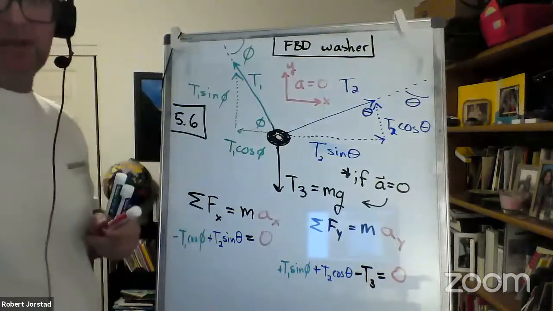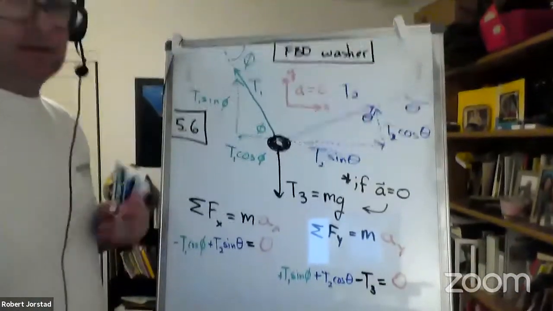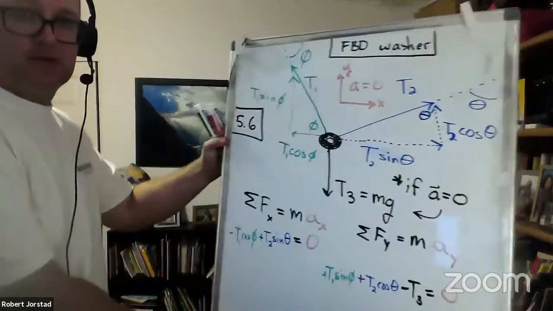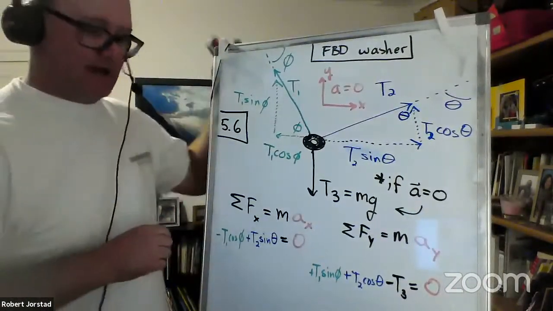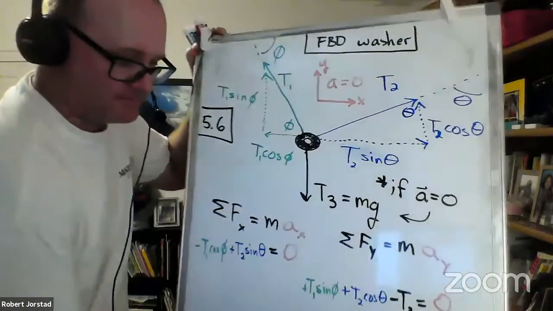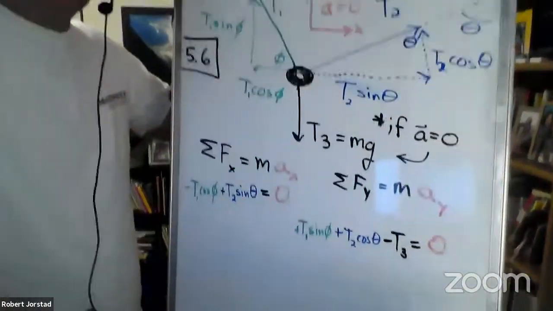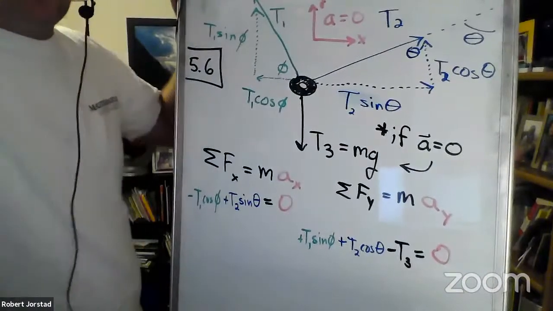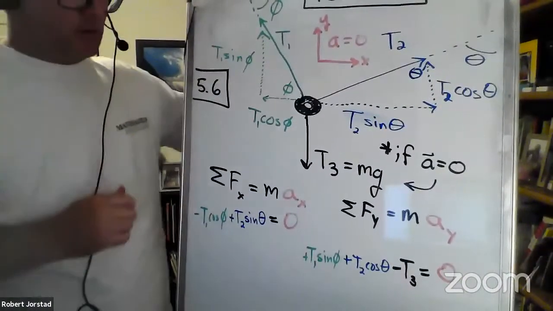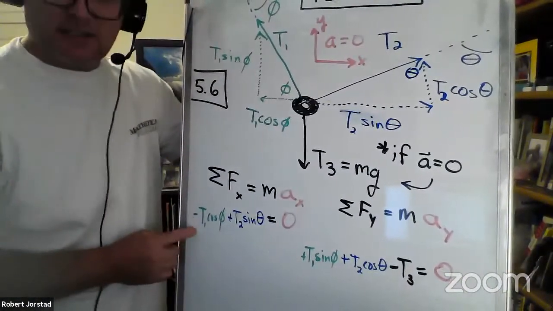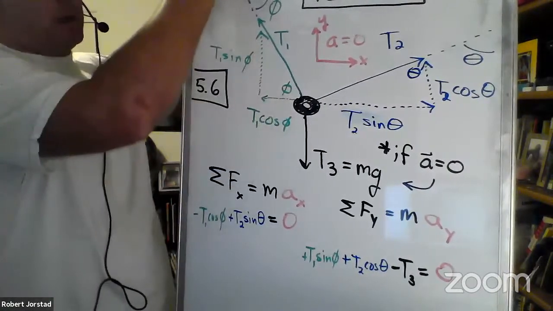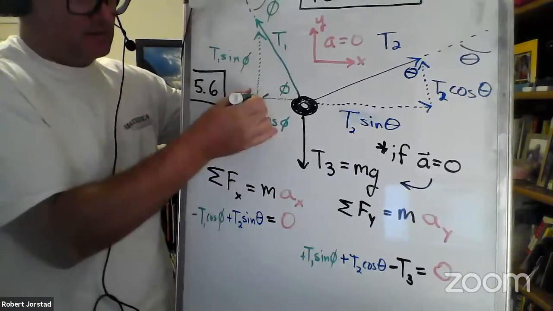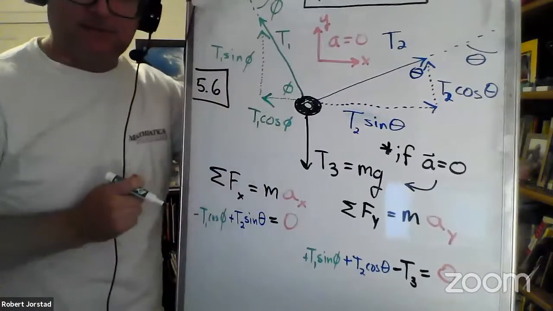That glare is pretty bad today, huh? All right. So this is what I got here. I don't know if you can see that. All right. So let's walk through this one. I had a negative T1 cos phi. That's this one. It's negative because the arrow goes to the left.